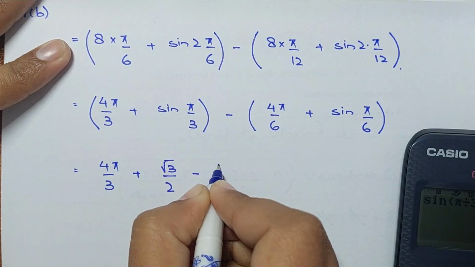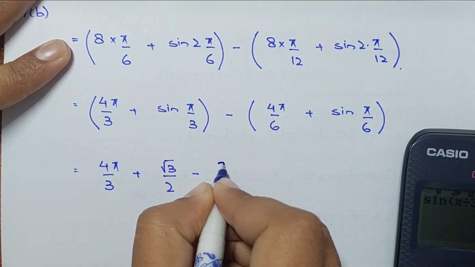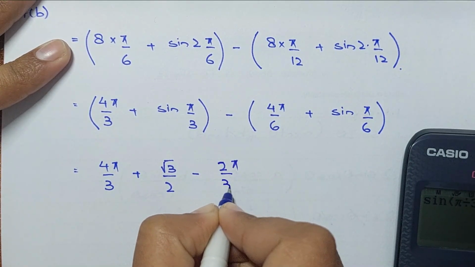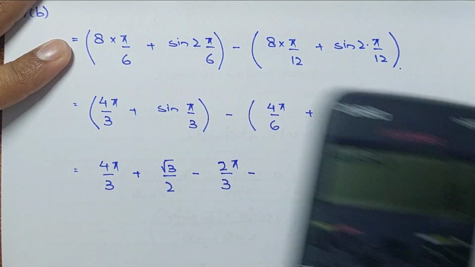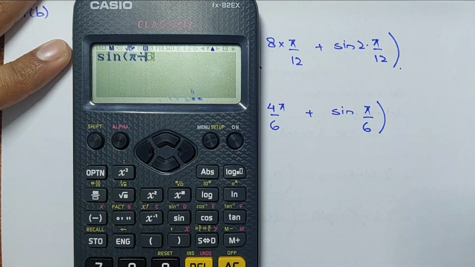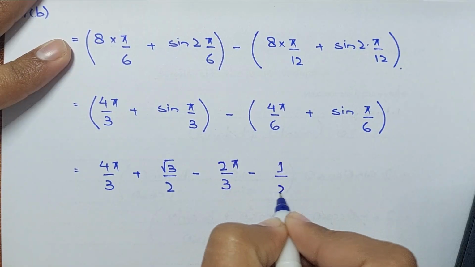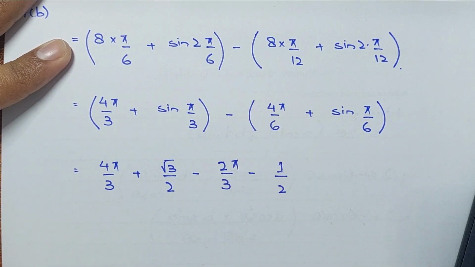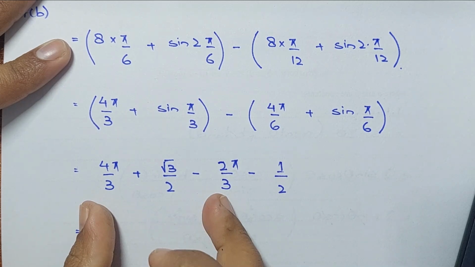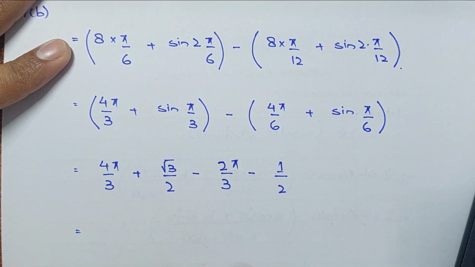Okay. Square root of 3 divided by 2. This is minus 4 times 1. Okay. 2 times 2 is 4. 2 times 3 is 6. And minus pi by 6, 1 by 2. I opened the bracket. This minus and this is also minus. Okay. So there are two values with pi: 4 pi by 3, 2 pi by 3.